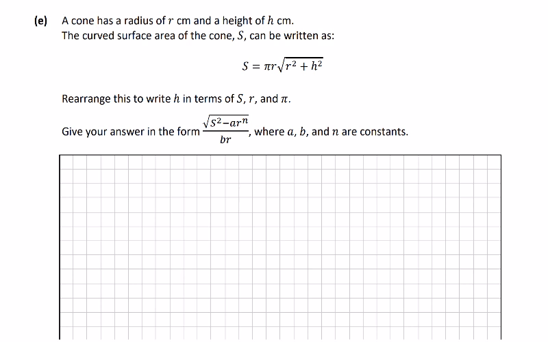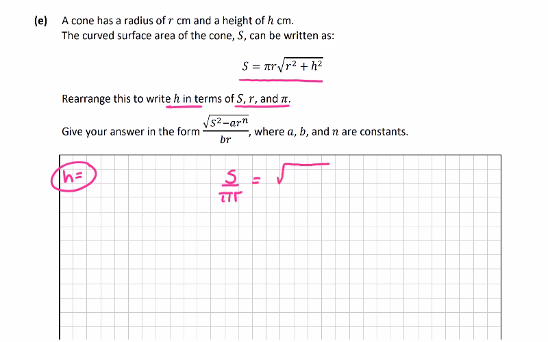In part E, we have a cone of radius r and height h. The curved surface area is given by this expression. It's just manipulation of a formula, rearranged to write h in terms of the others, so we want h equals. Where's my h? It's inside, so I've got to divide by pi r.